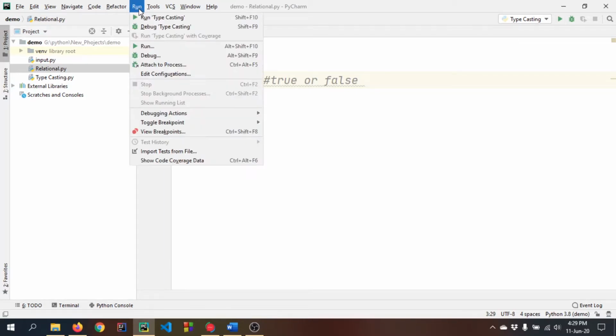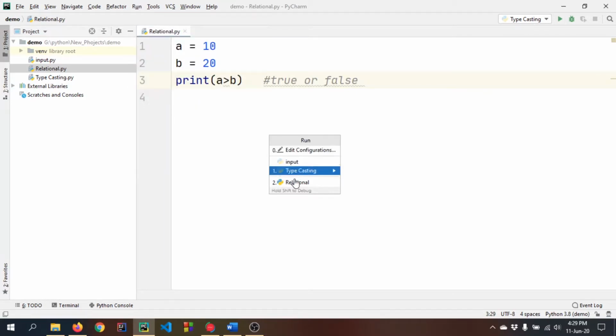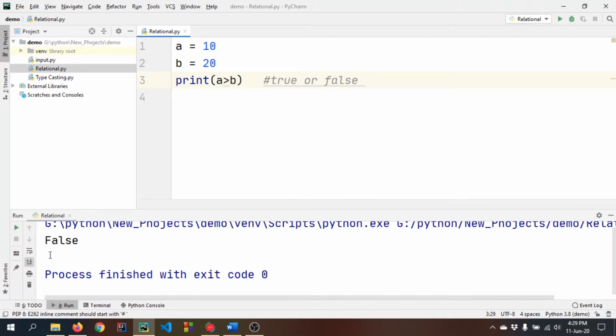So let's run this. We can see in our console false. This is the answer I told you before, because a is not greater than b, that's why it's saying false here.